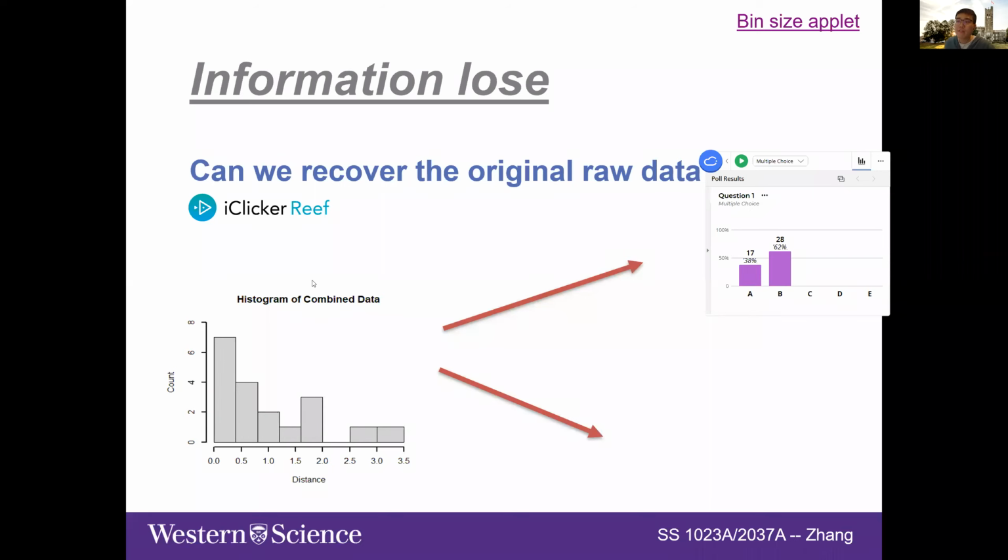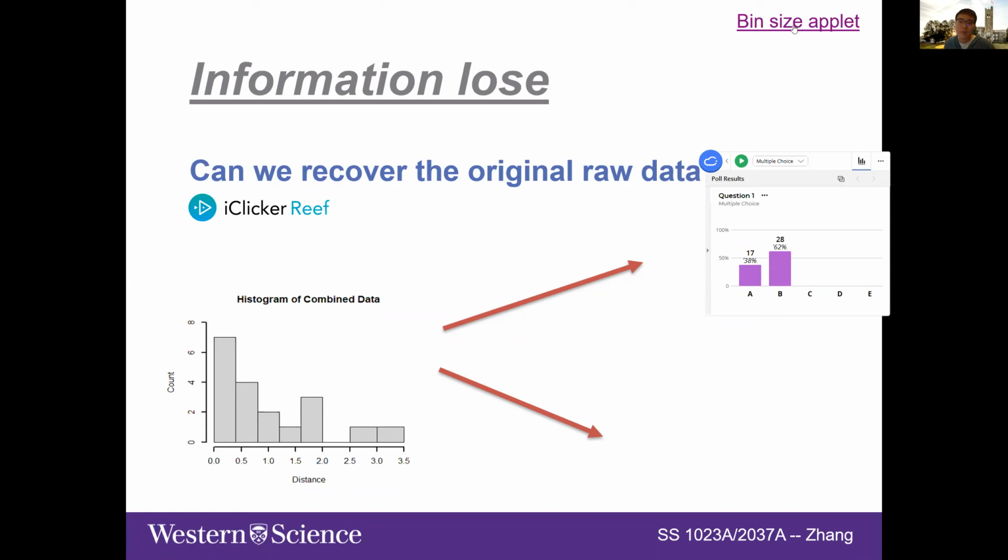For example, if we have, say, 1.2, in this case it probably belongs to this interval. After we put that 1.2 into these categories, we no longer can know that information, because we cannot tell whether that count is 1.2 or just 1 or 1.1. So we do have some information loss after creating this histogram.